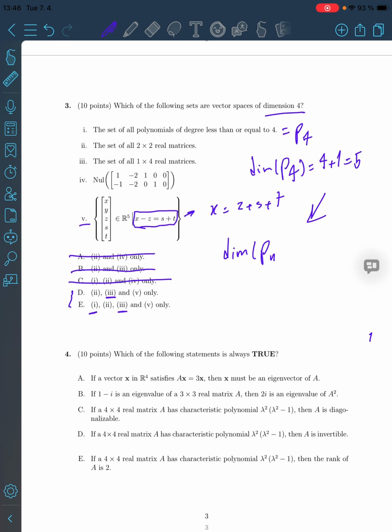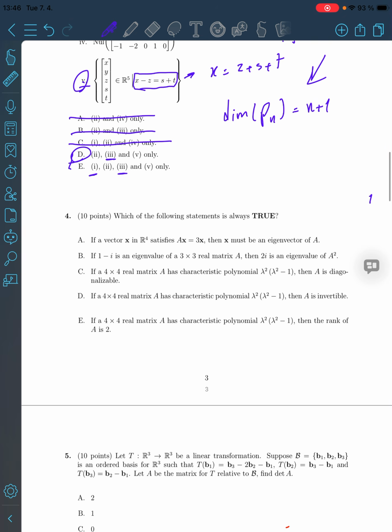You should remember that the dimension of Pn is equal to n plus 1. So here the dimension is 5. Therefore, I is not the answer. Therefore, D is the solution. As you see, by checking only V and this one and I, you can find your correct answer.